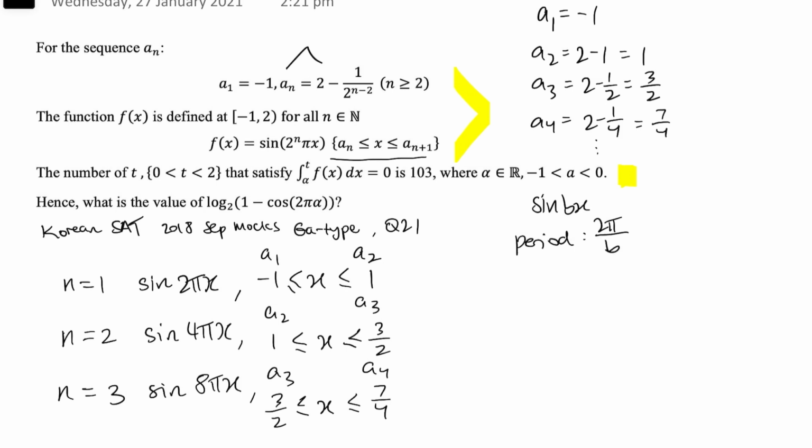So if we use this formula for each of these intervals, when the function is sine 2 pi x, the period is 2 pi on 2 pi, so the period is 1. When n is equal to 2, sine 4 pi x, the period is 2 pi on 4 pi, which is 1 on 2. When n is equal to 3, sine 8 pi x, the period is 2 pi on 8 pi, which is equal to a quarter.